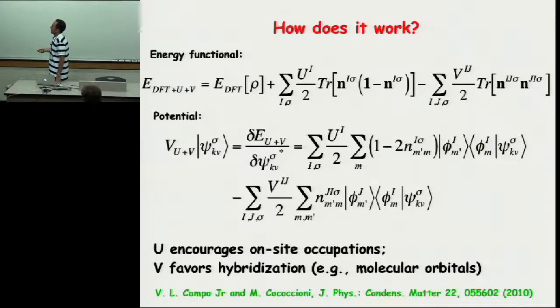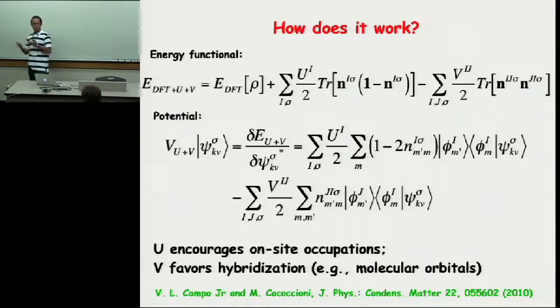So this part here tries to encourage the localization of electrons on atomic sites. This part here tries instead to favor the occupation of states that have finite components on neighbor sites, so sort of bonding states.